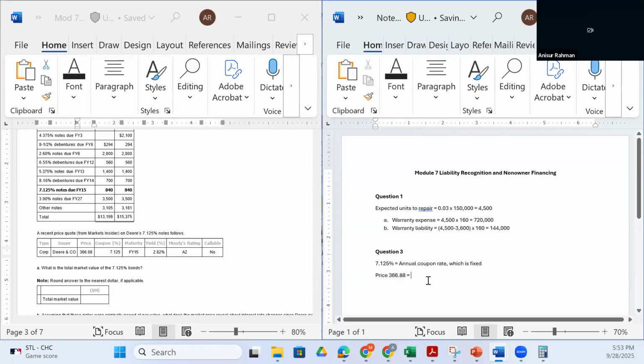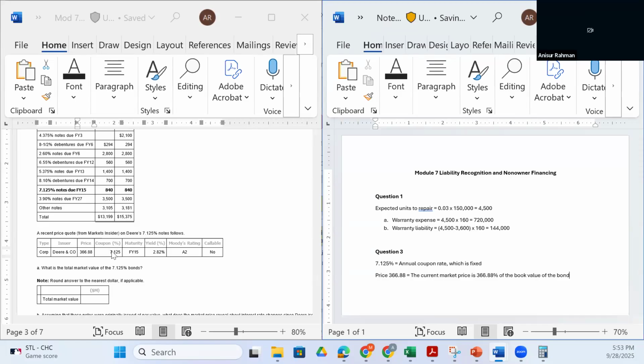So this is 366.88%. So the current market price is 366.88% of the book value of the bond, right?